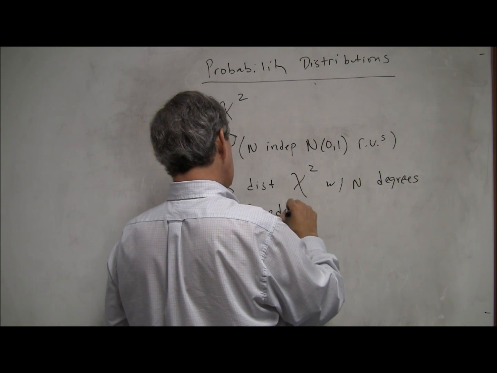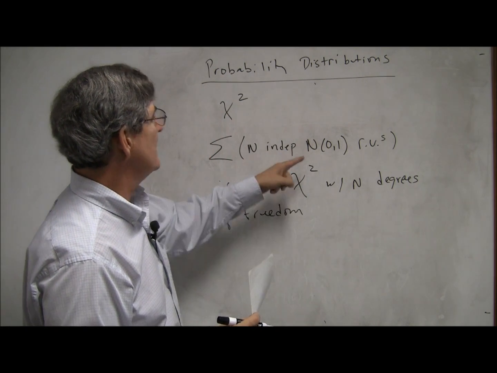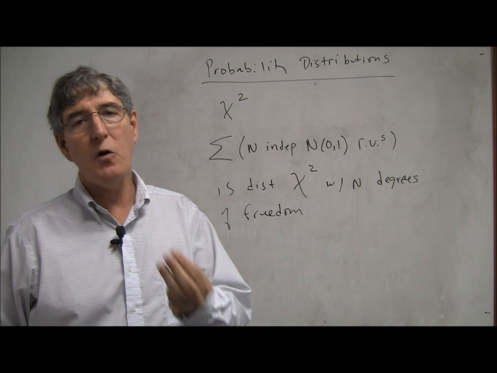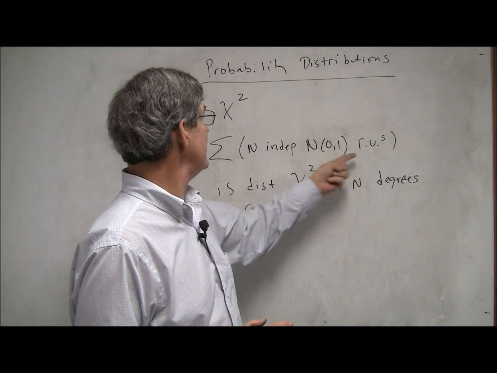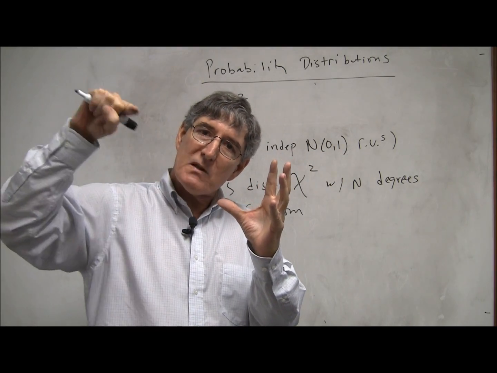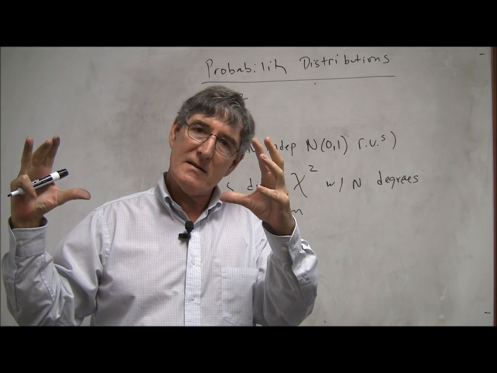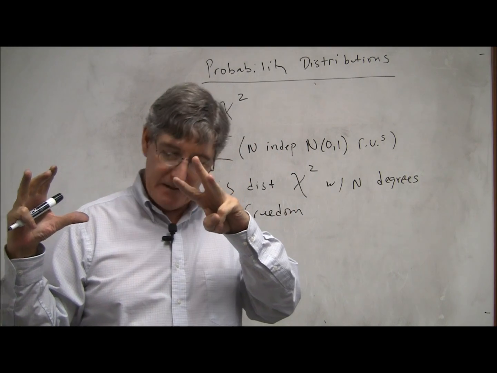When you look up the probability ranges for a chi-square, it will depend upon these. So if I have 3 independent, normally distributed 0, 1 random variables, and I square them, x squared plus y squared plus z squared, all 3 of those being normal 0, 1s, that distribution will be a chi-square with 3 degrees of freedom.